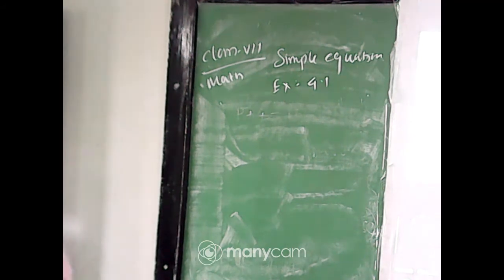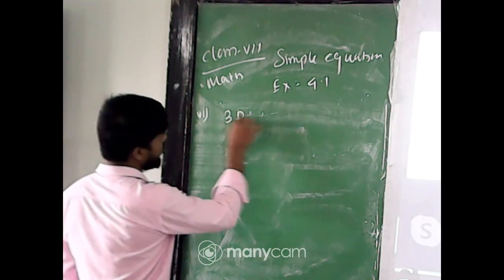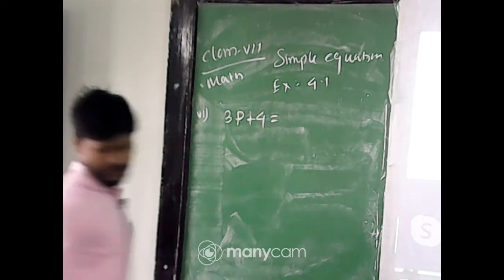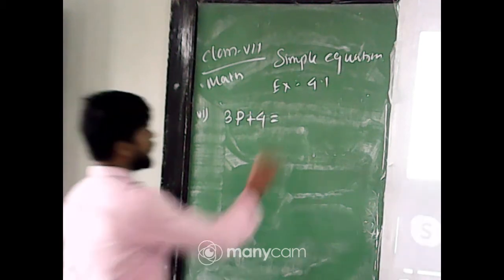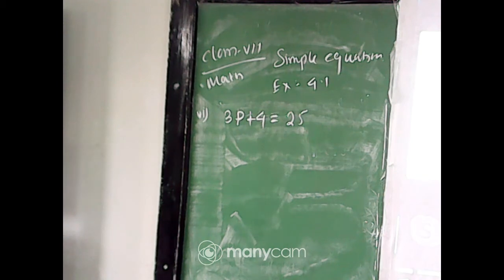Now question number 6. 3p plus 4 is equal to 25. Yes, term 1. 3p plus 4 is a sum of 3 times of p and 4, which is 25.